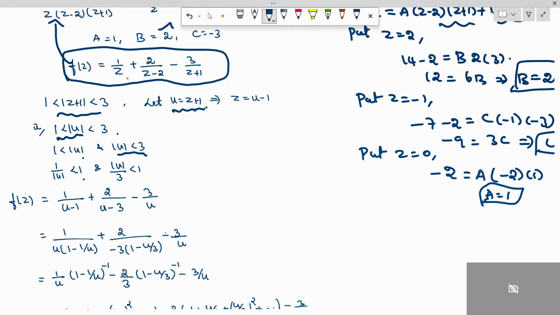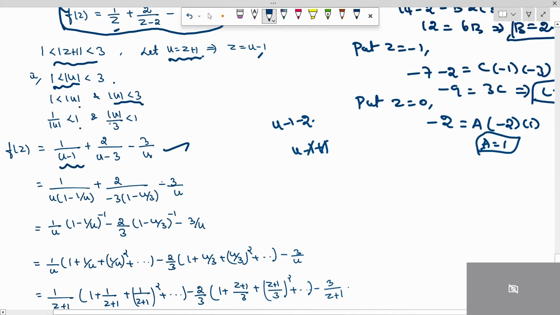Here also, convert into u and write in terms of u; then only we can easily solve the problem. From u is equal to z plus 1, we can write z is equal to u minus 1. Substitute z is equal to u minus 1 here: u minus 1 minus 2 will be minus 3. In the third term, z plus 1 is there, u minus 1 plus 1 is u, so we are getting it in this form. In the first term, in the place of u, we need 1 by u, because 1 by u is less than 1.